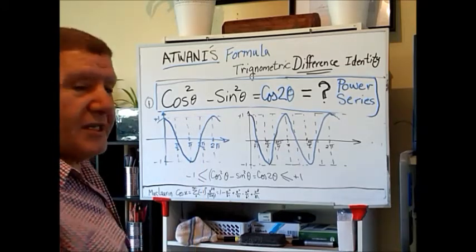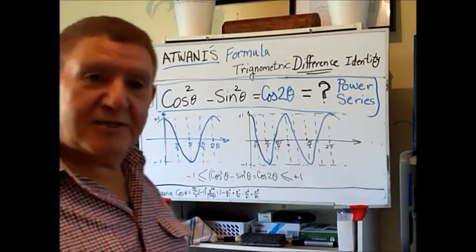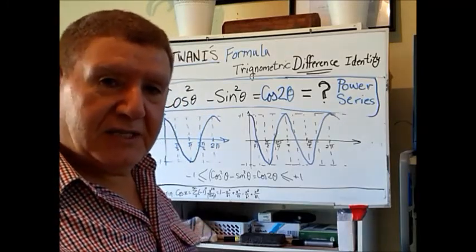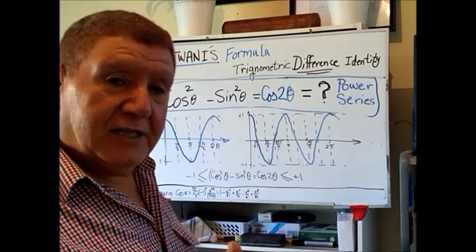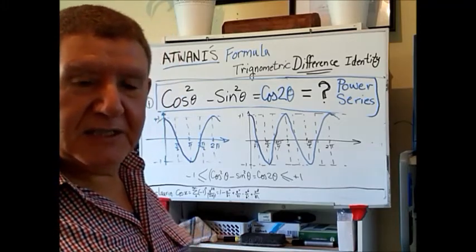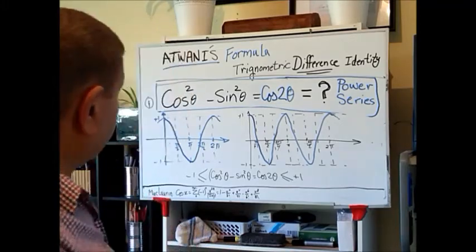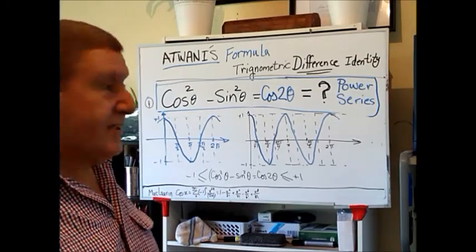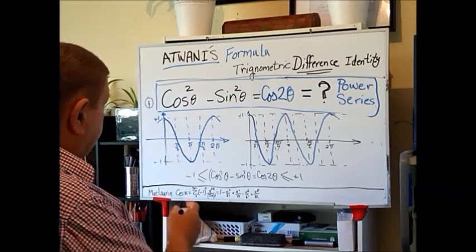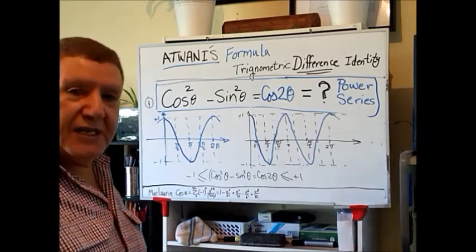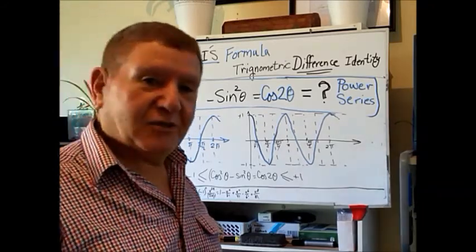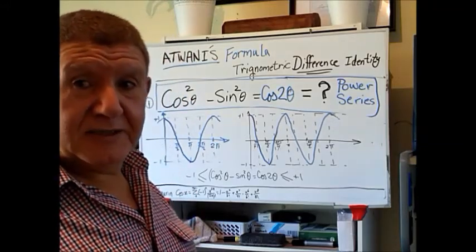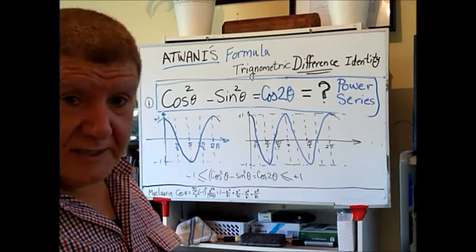And Atwani used many iterations, 1 minus something, then adding, subtracting, adding, subtracting, and finally obtained an expression very similar to what other researchers also found, like Maclaurin and Taylor, who developed their series.